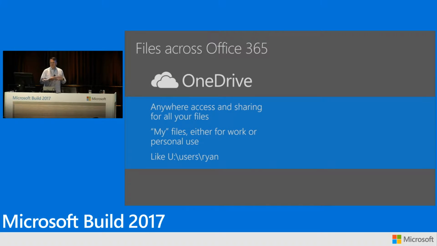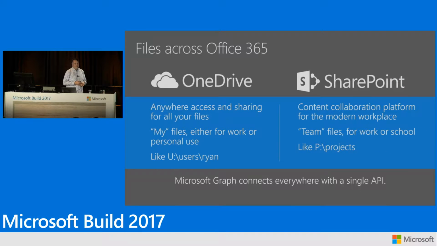When you think about files across the Office 365 ecosystem, there are really 2 worlds you may be familiar with: OneDrive and SharePoint. Often people ask me, how do I know where the content should be? How do I know which one I should be using? I like to break it down simply. Remember that U drive you used to have, if you're old enough to remember having one? You had a directory that was just for your files, stuff that you owned, and that's where you put them.